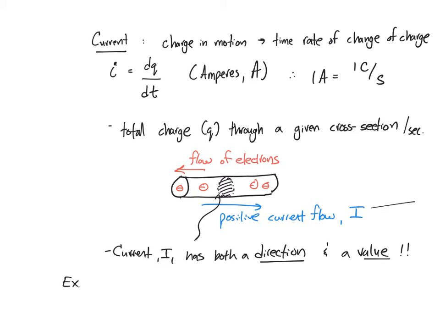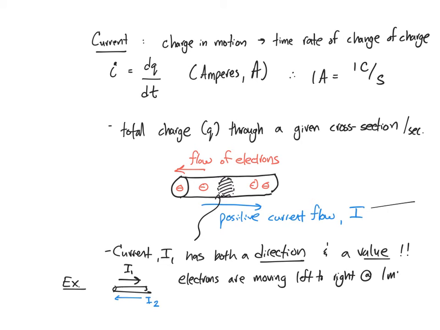For example, given an arbitrary wire and with an arbitrary definition of I1, and a second, also arbitrary definition of I2, shown in blue, for the statement that electrons in this wire are moving left to right at 1 milliamp.